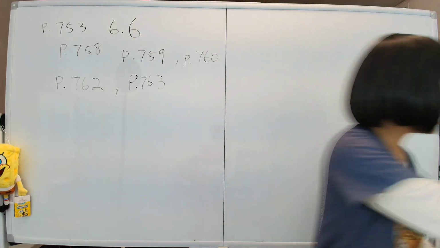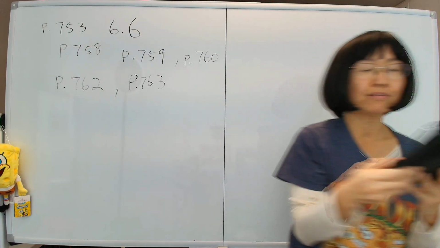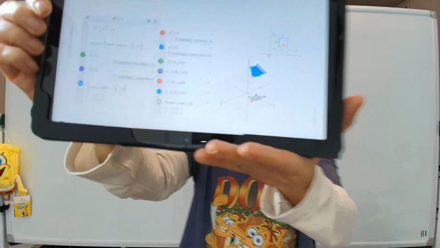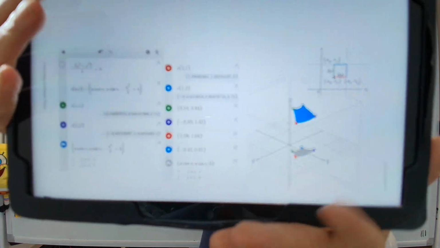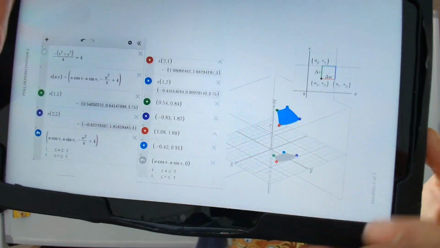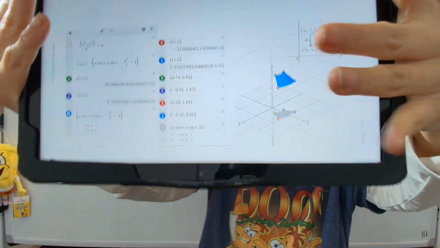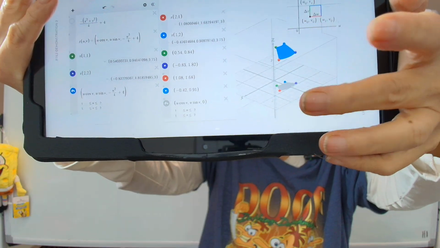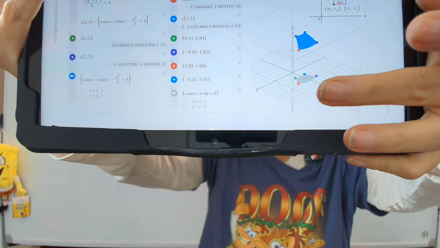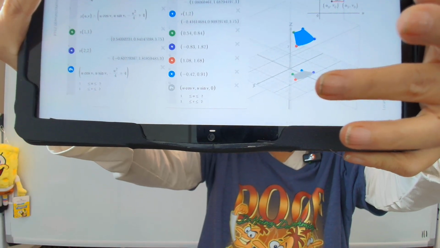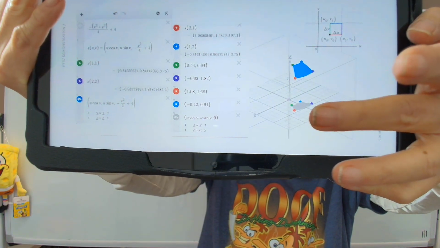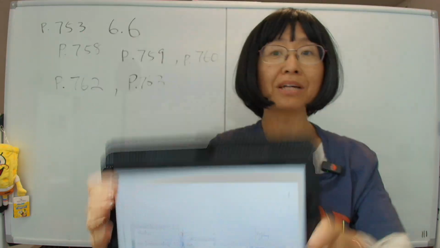Now be very careful when you do this, however, and I want to make this very clear. Where's the domain? The domain is this rectangle. Normally when we consider a function of a surface, we think of the domain as that shadow on the bottom, on the xy plane. But as you can see here, that shadow has nothing to do with the domain. We have gone past that.